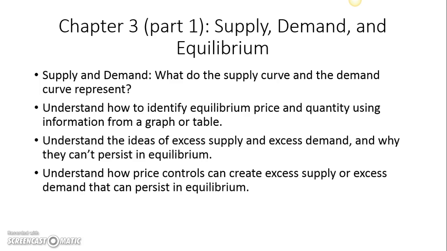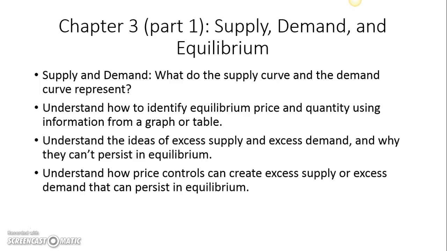And also, excess supply and excess demand: you need to be able to identify areas of a graph, and if the price is above equilibrium, how much excess supply or excess demand will there be? Excess supply. And if the price is below equilibrium, how much excess demand will there be? And understand why excess supply or excess demand can't persist in equilibrium, why market forces will always bring them back into equilibrium.